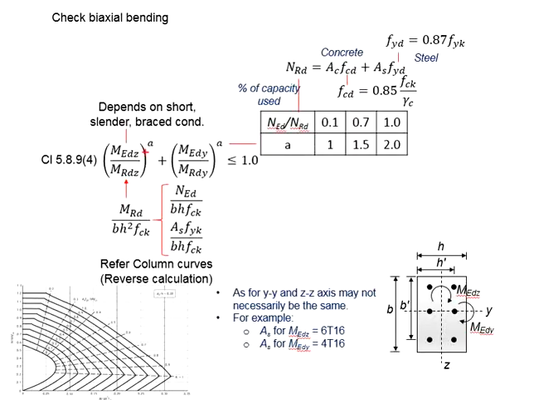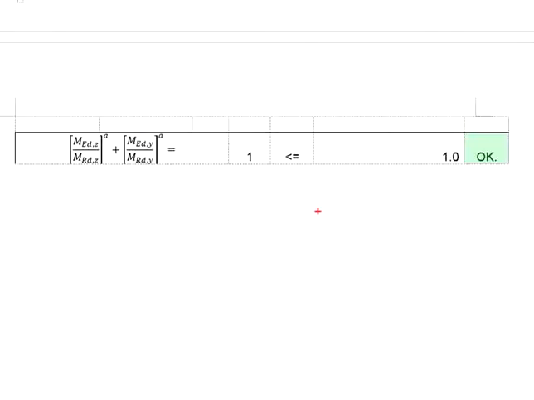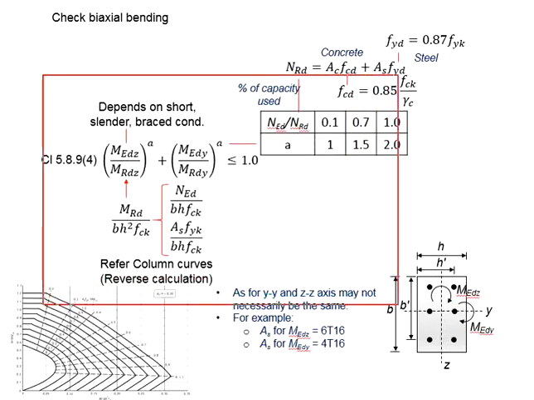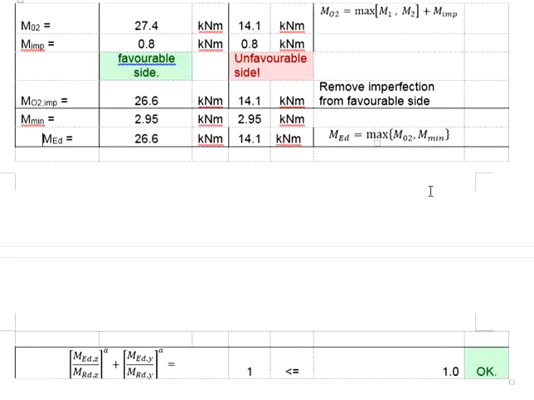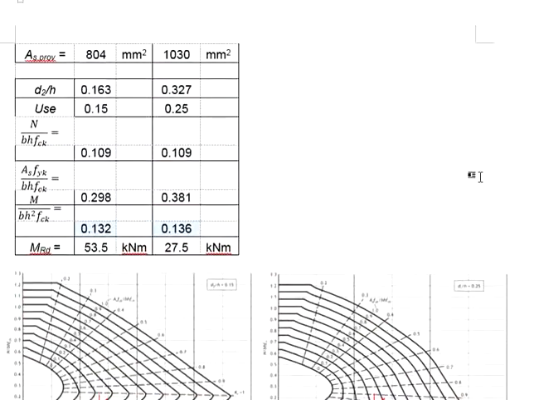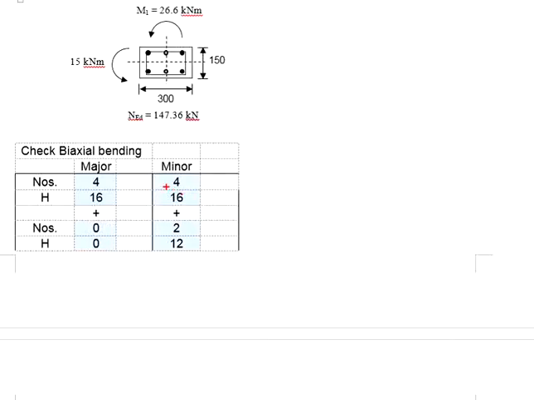The requirement is that the calculated value cannot be more than 1.0, which in this case, your calculated value equals 1.0, which is acceptable. After completing this step, you may confirm the amount of reinforcement, which in this case, we propose to have 4H16 plus 2H12 in the minor axis.